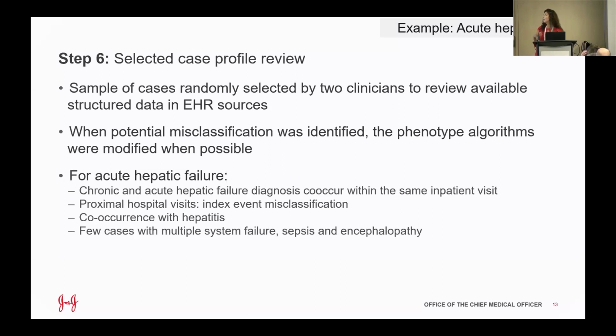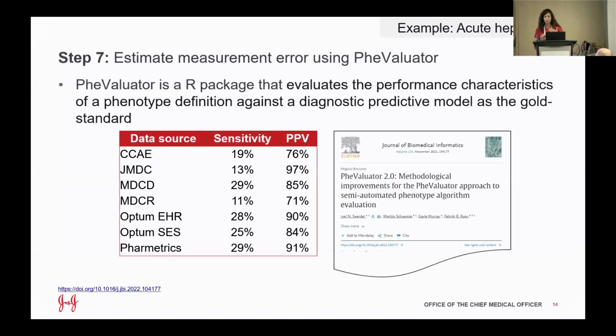For example, in the case of acute hepatic failure, we found that there were some cases where patients went to the hospital, had an acute hepatic failure code, but within that same hospital visit, maybe a day or 2 days later, they had the code of chronic hepatic failure, which suggests that there might be some misclassification. In that case, we redefined our definition where we index on a hospital visit and require that the person does not have a chronic hepatic failure code within the same visit to kind of reduce some of that measurement error.